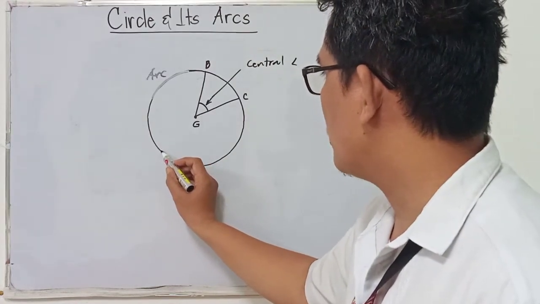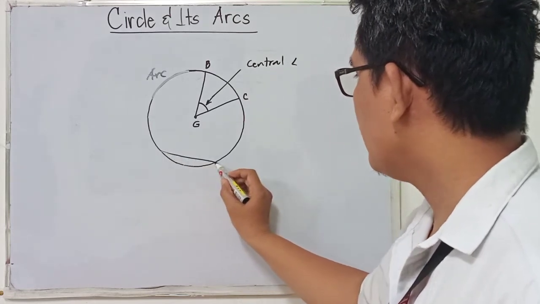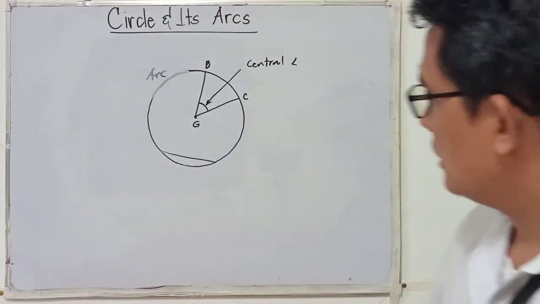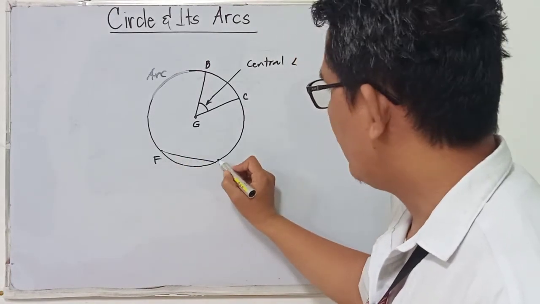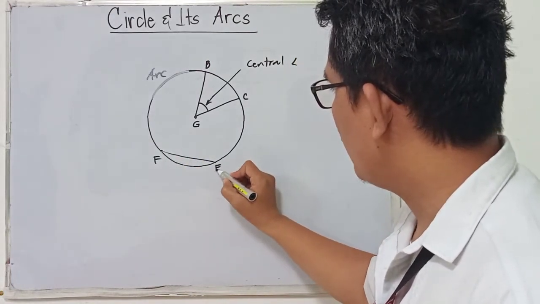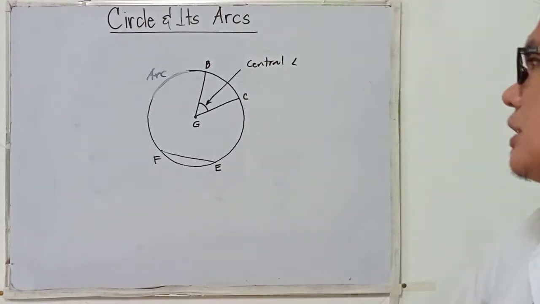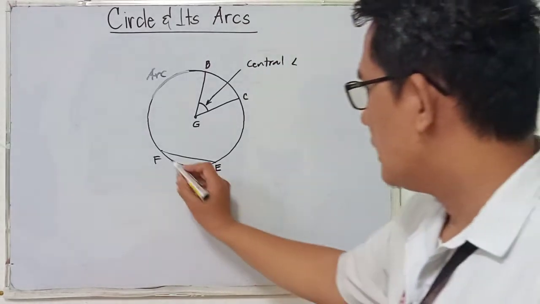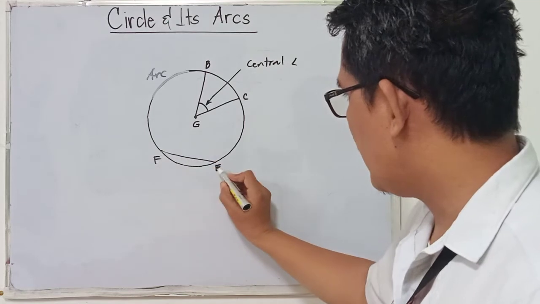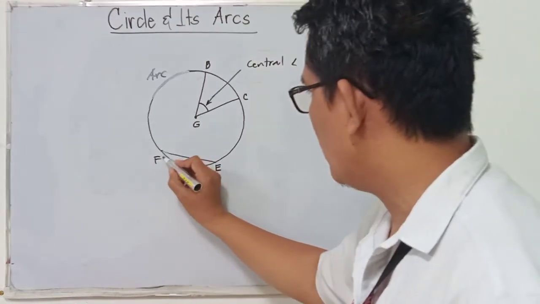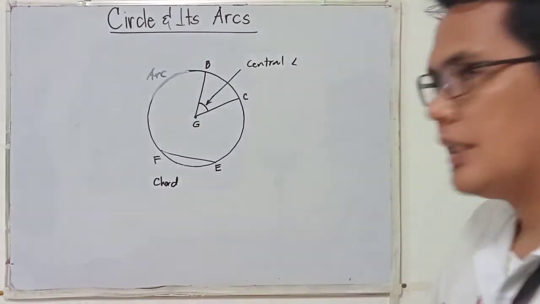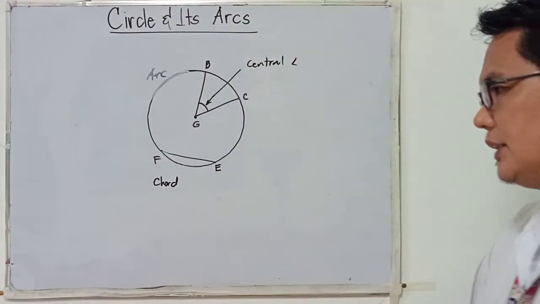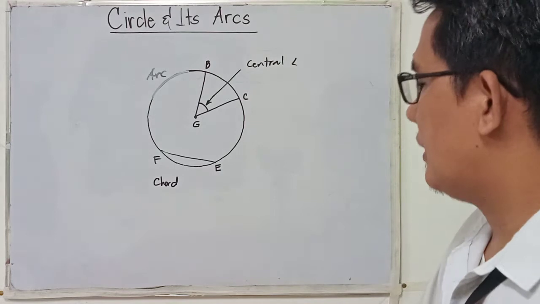So say for example, if we connect any 2 points, point F here and point E here, on the circumference of the circle, this is called a chord. That is chord FE, or segment FE.